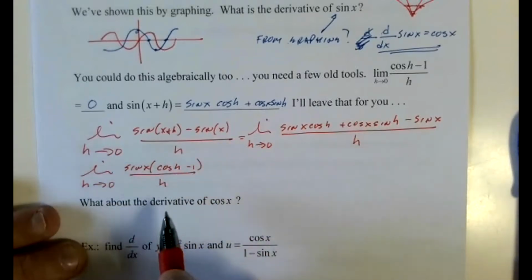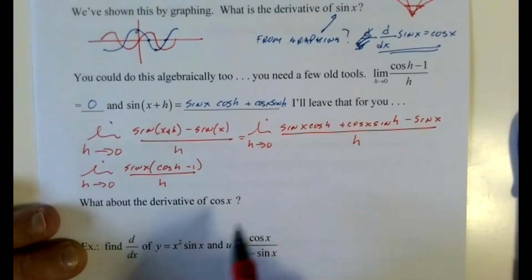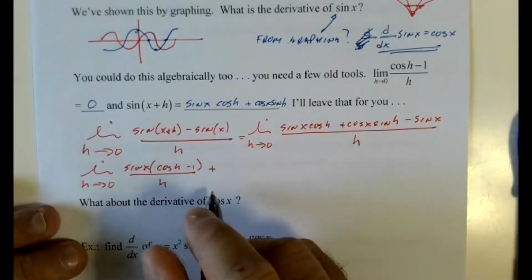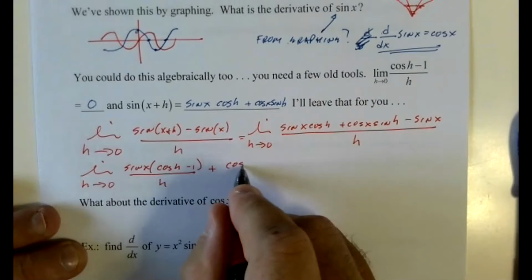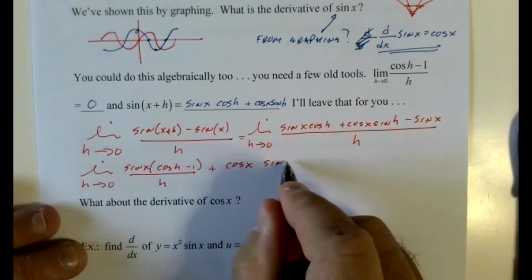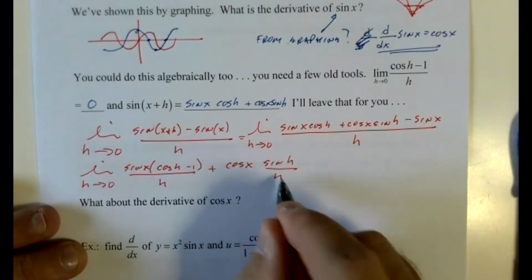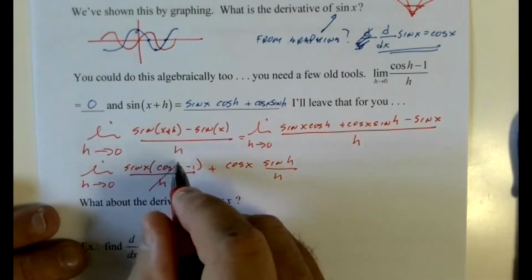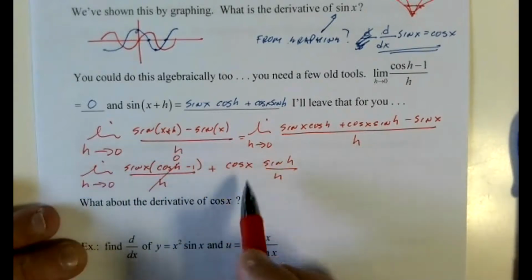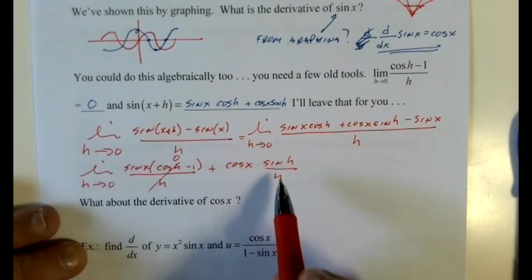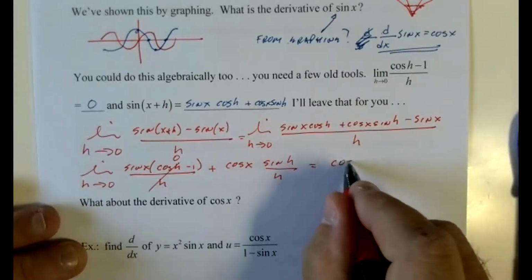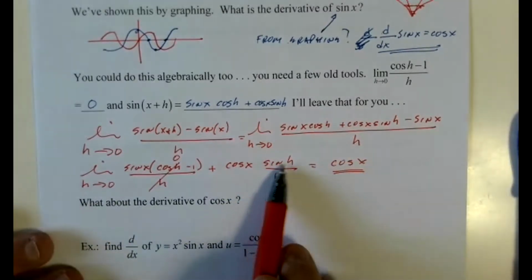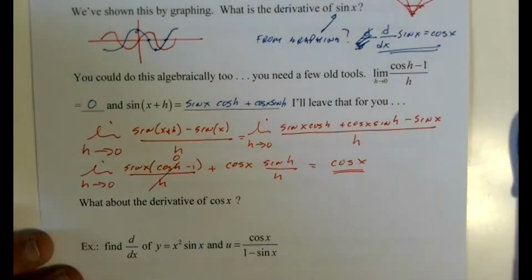I'm breaking the h out into separate pieces because that's what I do. Plus. So we know this one is 0 now. So this term's going to vanish. And we know sine of h over h is 1. So we're just left with cosine of x. That's back in the day, sine of x over x, if you recall, sine of h over h.